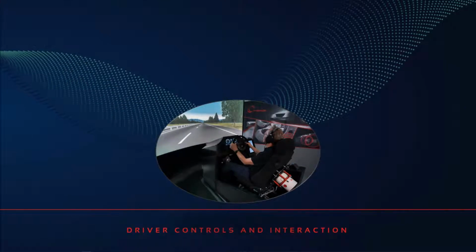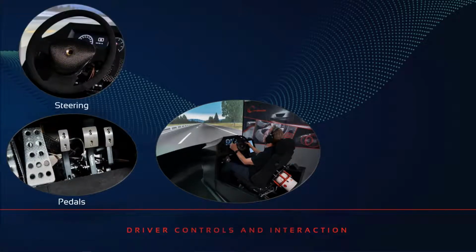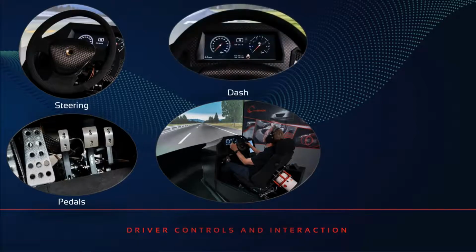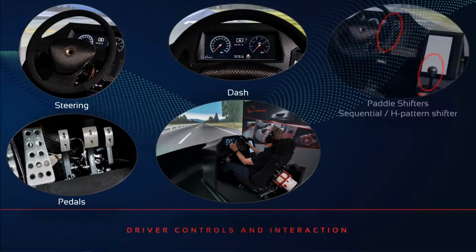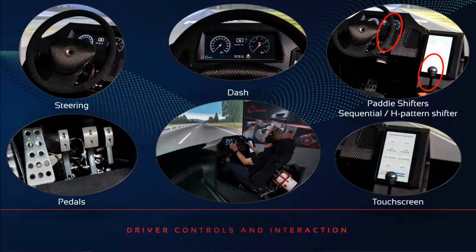The driver can interact with the simulator and the virtual prototype vehicle models using the controls and displays in the simulator. This includes the pedals, a steering wheel, a large dash screen for vehicle speed and other information, multiple ways to shift gear in the vehicle with paddle shifters and a gear stick that can be switched from sequential mode to H pattern, and finally, the touchscreen.